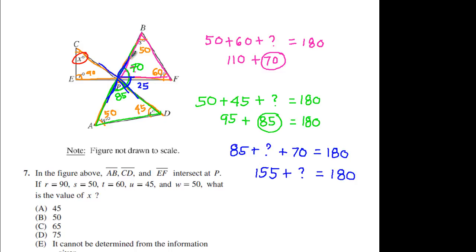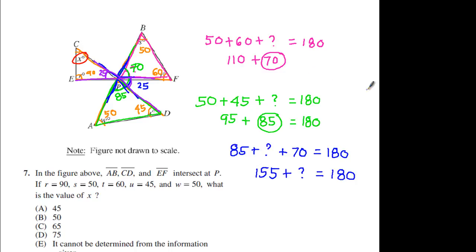Now, using the vertical angle theorem, notice that this side and this other line segment, they form vertical angles. This is 25 degrees. It follows that this is also 25 degrees.